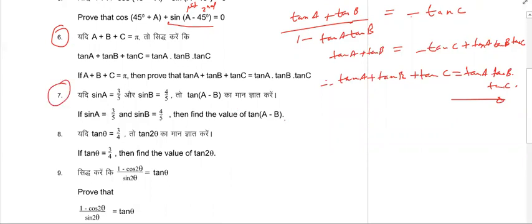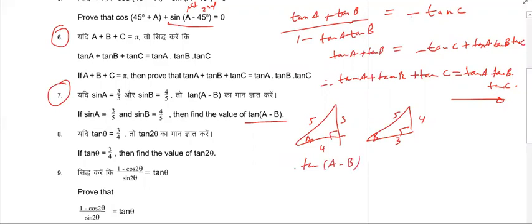Question 7. We're going to find the value of tan of a minus b. So drawing two triangles here, the first one is a, the second one is b. Sine a is 3 over 5, so this side is 4. And sine b is 4 over 5, so this side is 3. Tan of a minus b is tan a minus tan b over 1 plus tan a tan b.